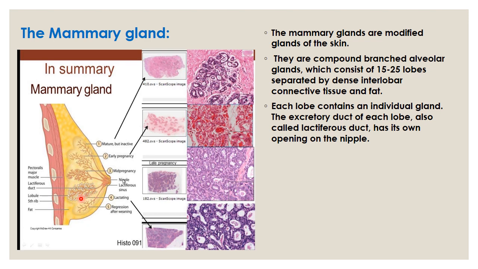Whereas in the lactating state, these alveoli are filled with the secretory substance, that is the milk. You can see it visible here. And then the last one is the regression, after menopause, the glands regress and shrink in size, and there are fewer alveoli, whereas the stroma increases. So we'll discuss these phases one by one.